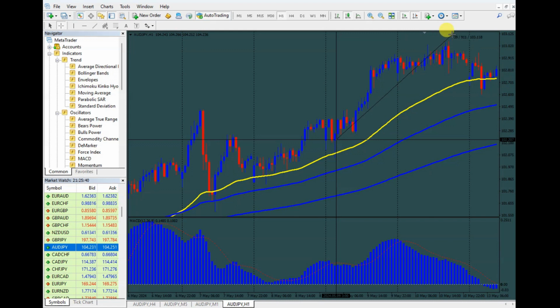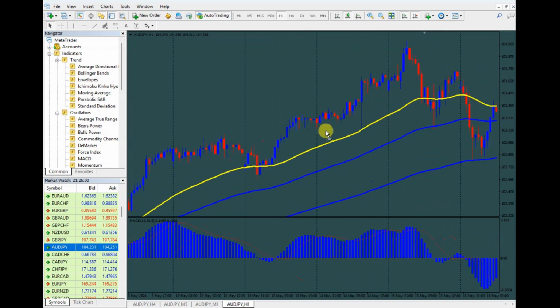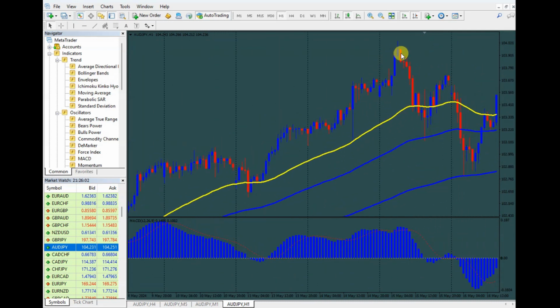In this case, we are targeting 96 pips. If you see, our take profit must have been hit at this point. And here we entered, and our take profit will be at this level.